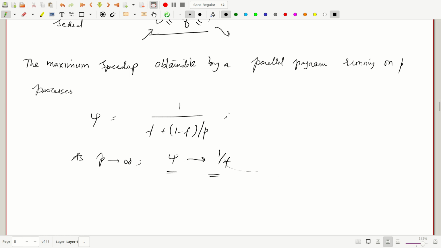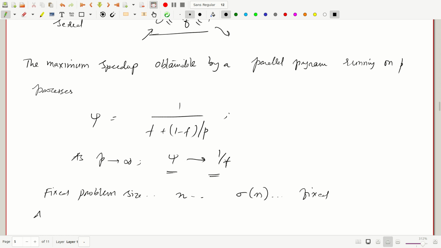So essentially we already know that if you have a fixed problem size, that means a fixed n, then the sequential part of the computation for this particular problem is fixed.